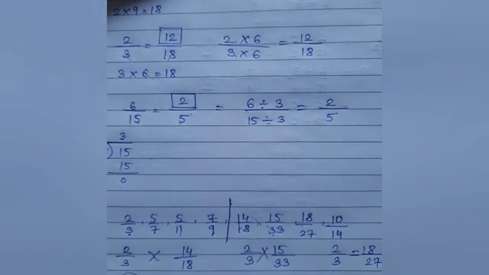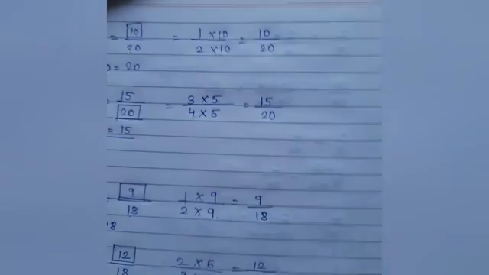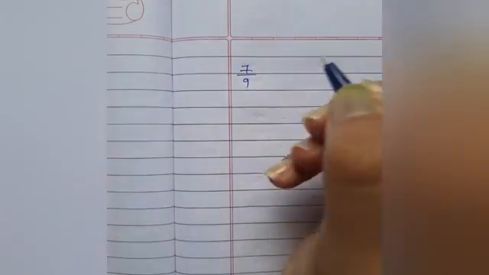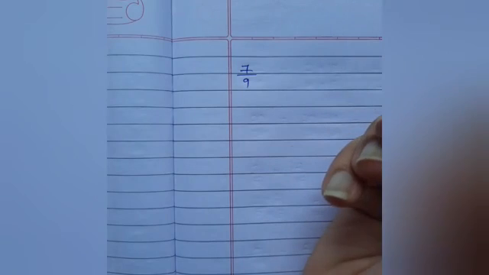So our very first sum is 7 upon 9. The first sum, 7 upon 9.